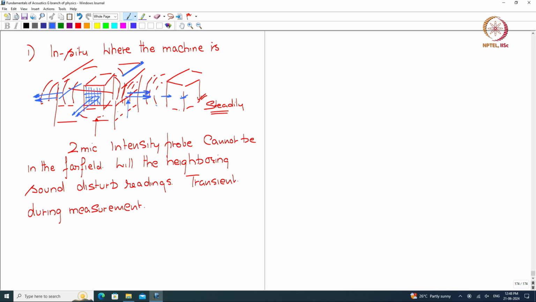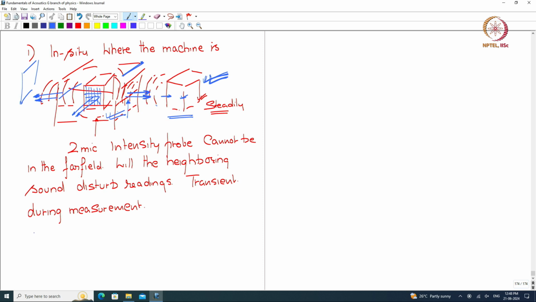If somebody opens the door suddenly and shuts it during one measurement, that will pollute your measurement. But if the neighboring machine is steadily making sound, and you have your machine making sound, the 2 microphone intensity probe will cancel out the effect of the neighboring machine.